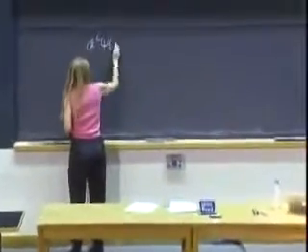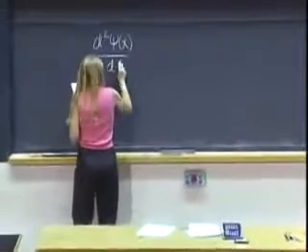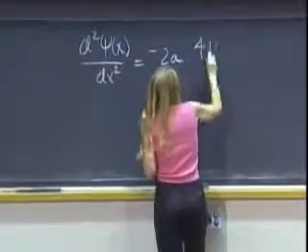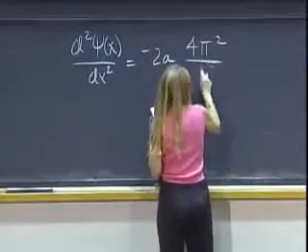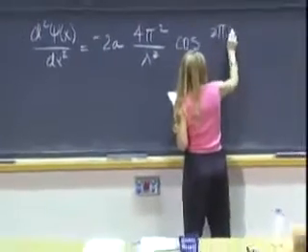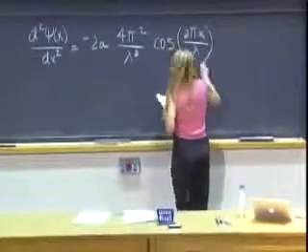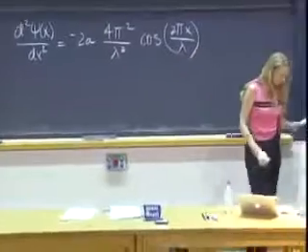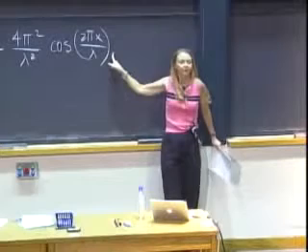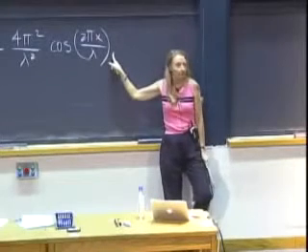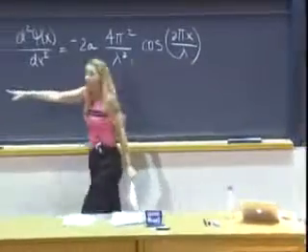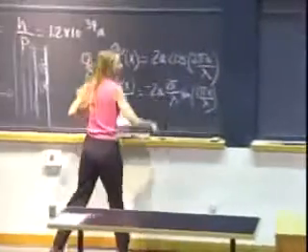Second derivative of psi of x with respect to x is minus 2a times 4 pi squared over lambda squared times cosine 2 pi x over lambda. Hey, that's pretty good. But now, what do you see in this equation? Psi. Absolutely. You see what I started with. Yeah, it's recursive, right? You see the psi of x here.